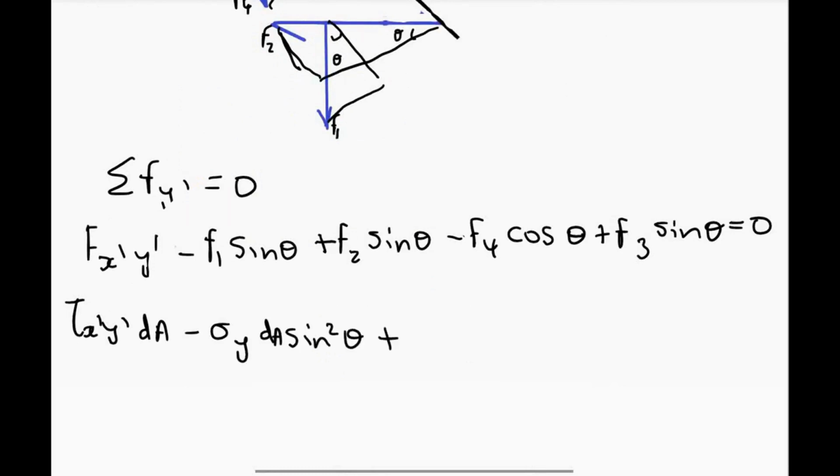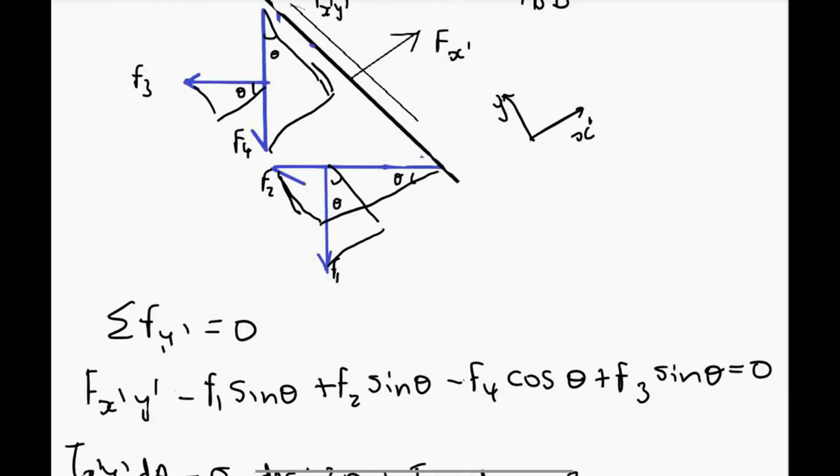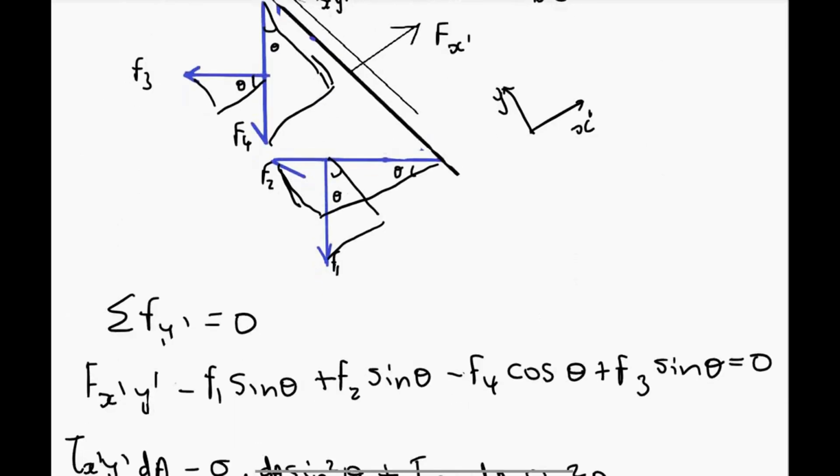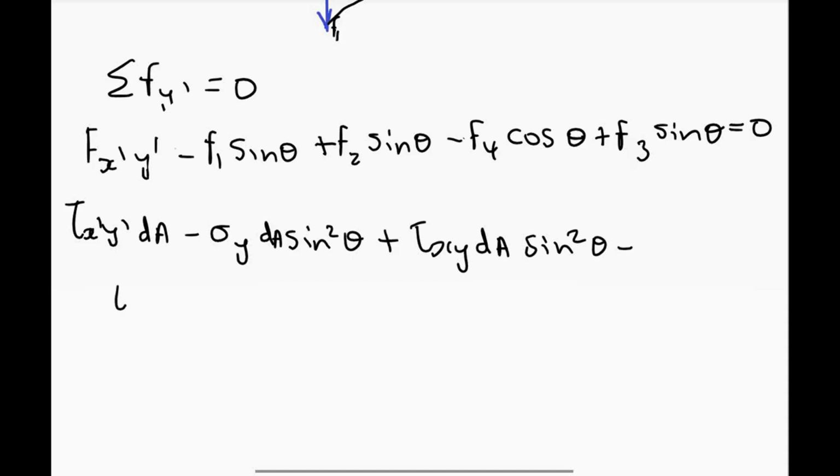My F2 will be tau xy dA sine squared theta. My F4 was tau xy dA minus tau xy dA cos squared theta, and I have plus sigma y dA cos theta.